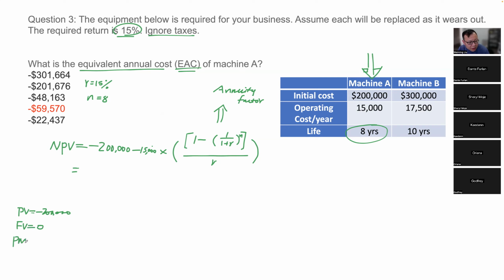Payment, so that's negative 15,000, and n equals 8. I and y, so that's gonna be 15.